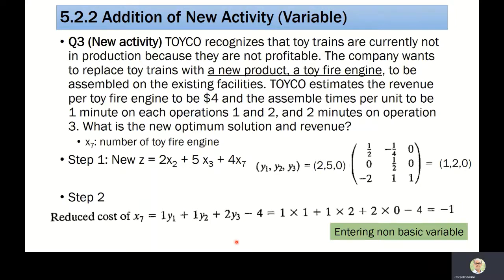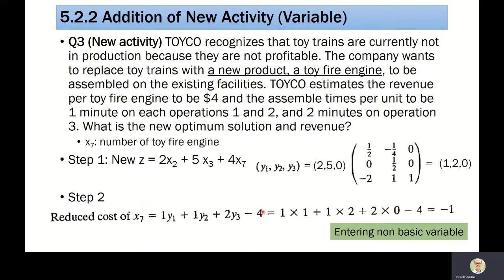Now here, before I go to the next slide, you may be wondering how we are getting it. So you read this question. It says that this particular toy will take 1 minute on operation 1, 1 minute on operation 2, and 2 minutes on operation 3. So that's why 1y1 plus 1y2 plus 2y3. So y1 is for operation 1, y2 for operation 2, and y3 for operation 3.